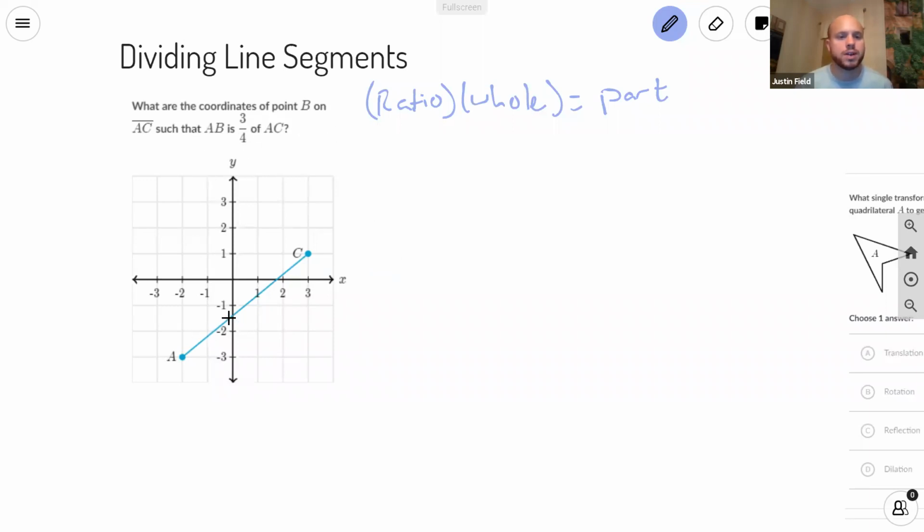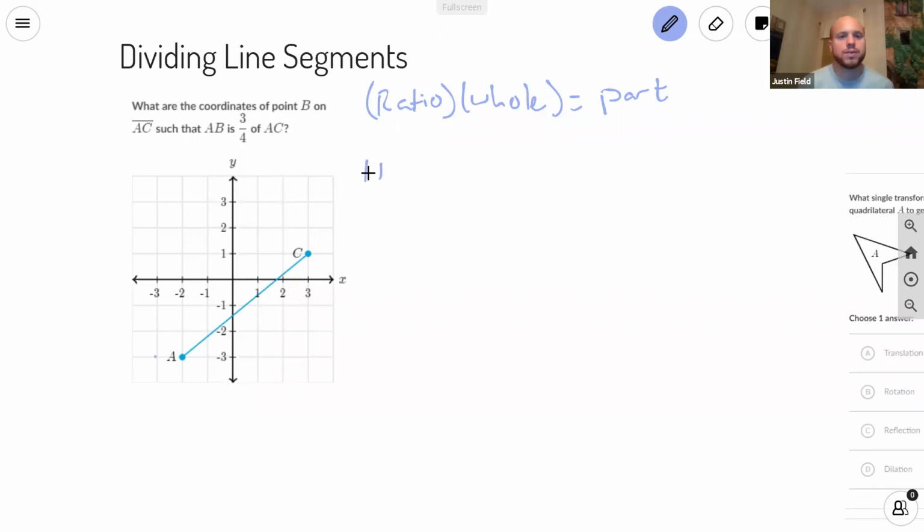So here we go, we want B somewhere on there. Where is it? So that AB is 3/4 of AC. All right, so it's not there, but it's somewhere on that line. So it's probably right about here. Okay, so what we want to do is find the two distances separately.